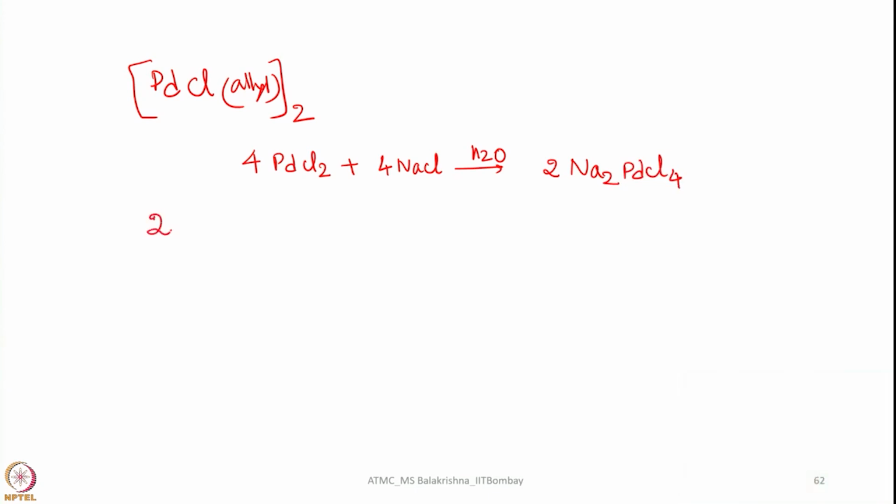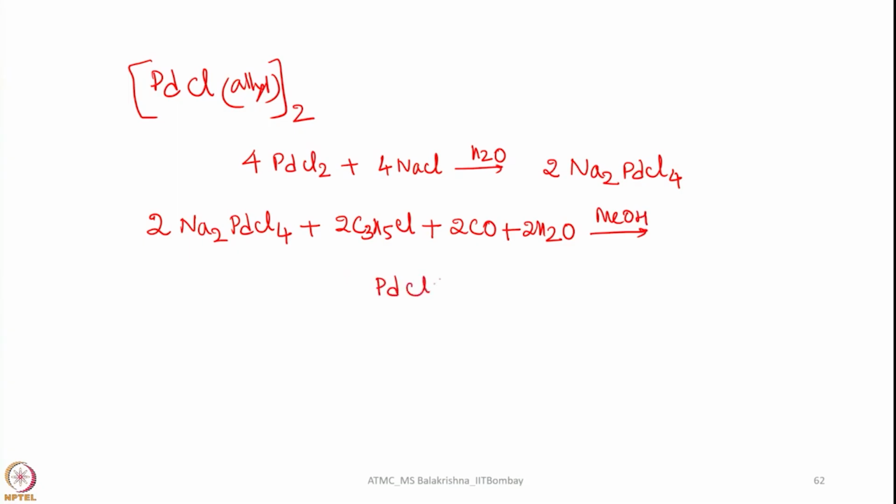Once you have made this sodium tetrachloropalladate, treat it with allyl chloride. So this is a method used for the preparation of palladium chloroallyl dimer.